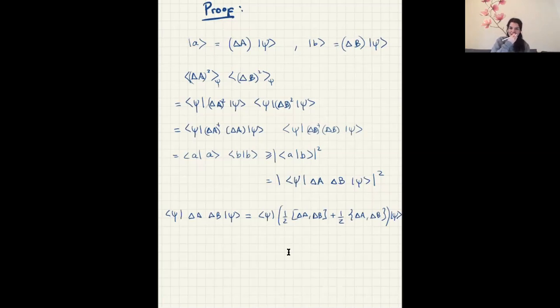And now we can replace already, well, let's just put it 1/2 of psi. We can replace this already with K. Okay. Plus 1/2 psi, and now this anti-commutator.